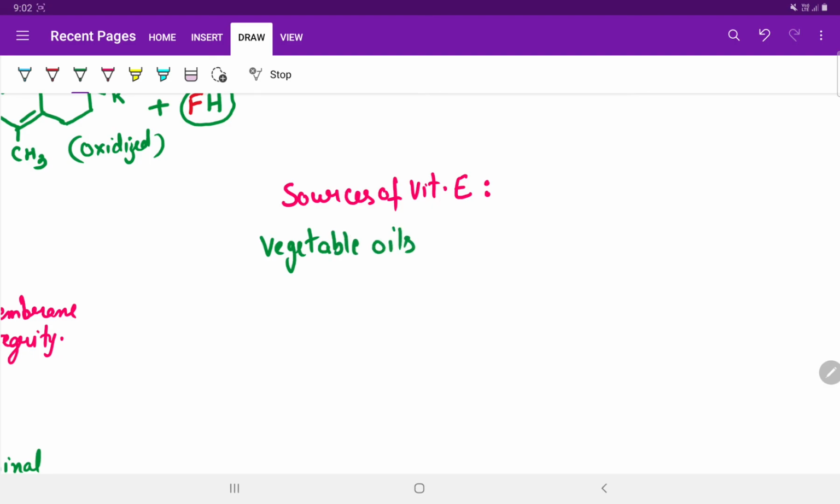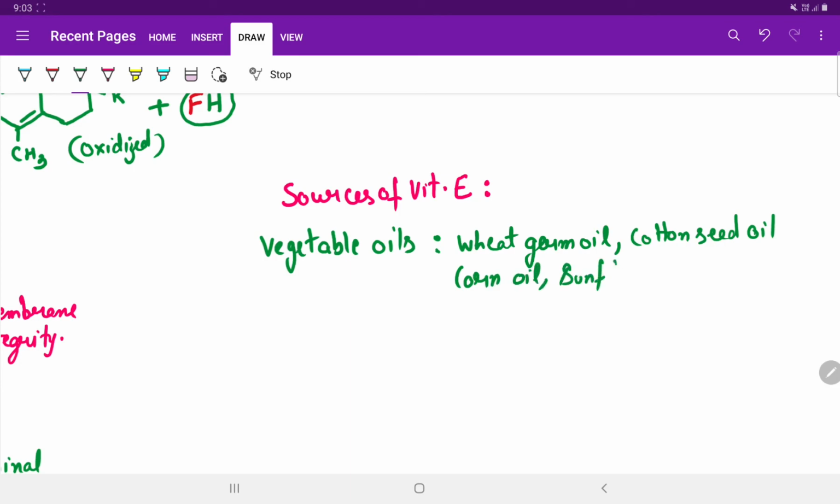These are the rich sources of vitamin E, generally the wheat germ oil, then comes the cottonseed oil, corn oil, sunflower oil and other vegetable oils.